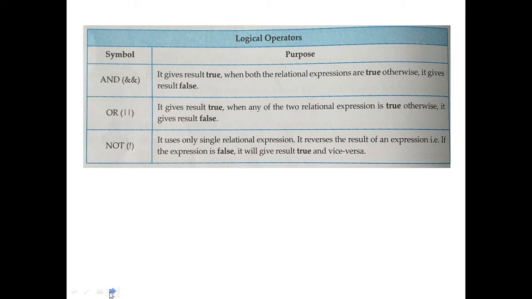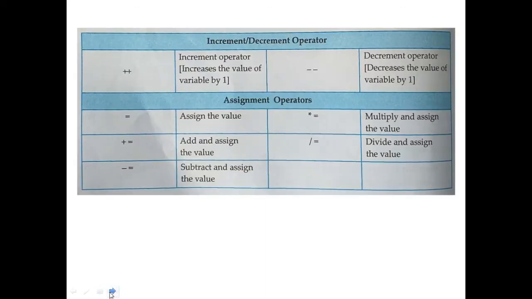Logical operators, like and, or, not. You can even see the symbol changes. And is basically used to check whether both the statements are true or not. Or works the same way, not also the same way. They all deal with true, false, that is the Boolean part. Then a special type of operator we have in Java, that is the increment or decrement operator.